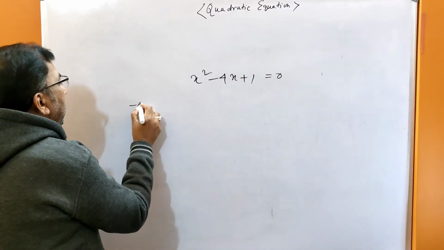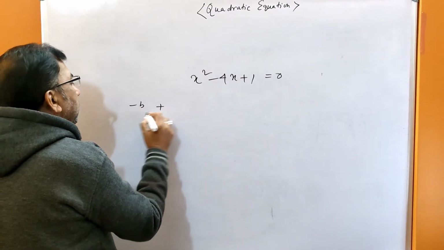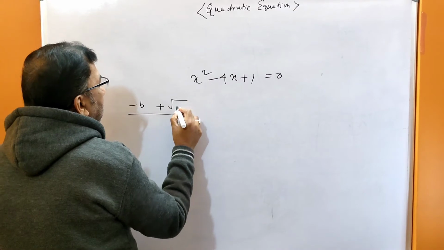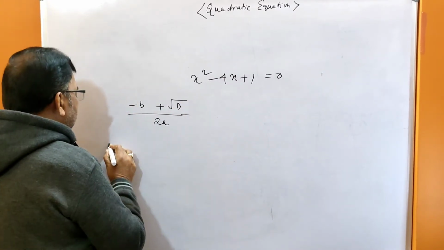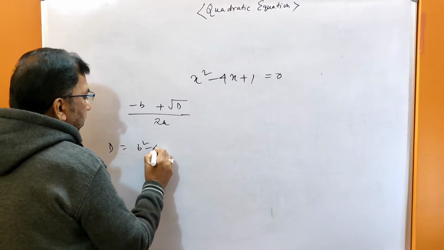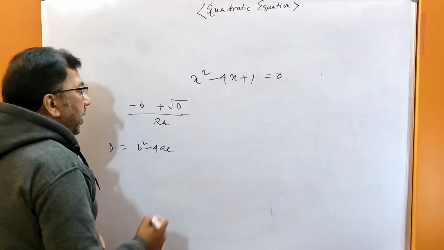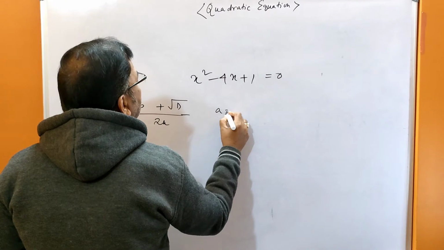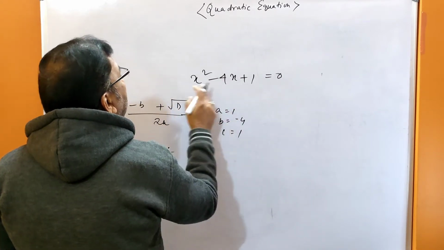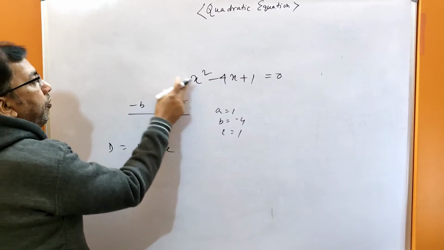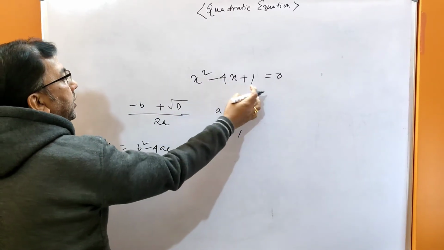The minus b plus minus root d by 2a. But you have to find out d. D equals to b square minus 4ac. So what is out here? You have to write out here a equals to 1, b equals to minus 4 and c equals to 1.